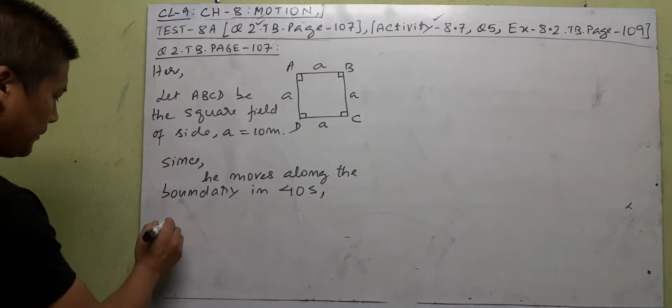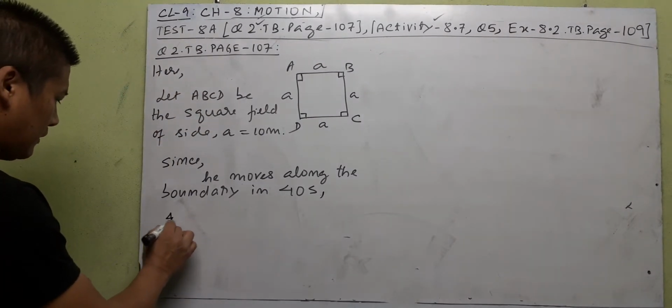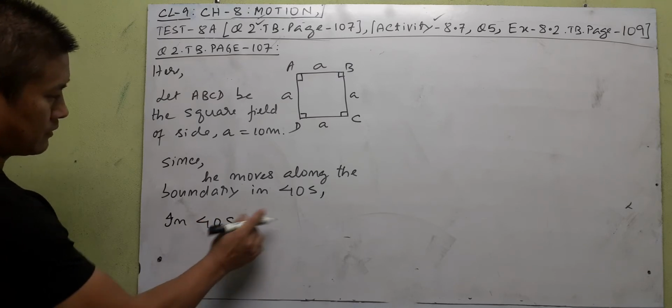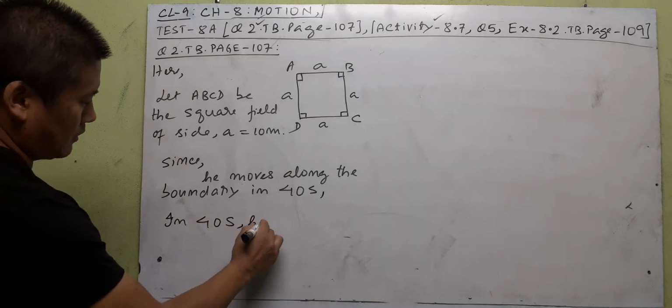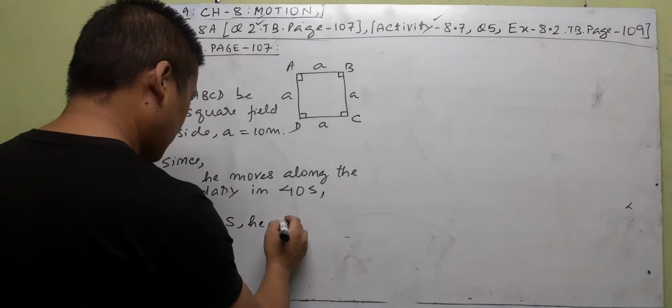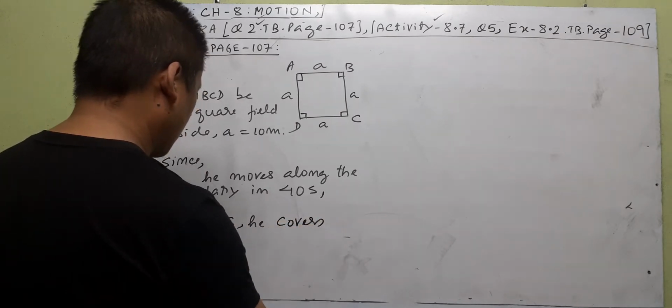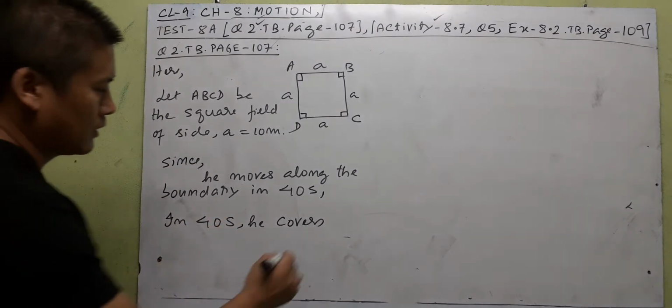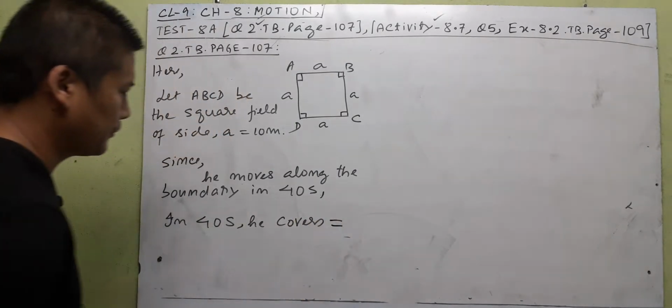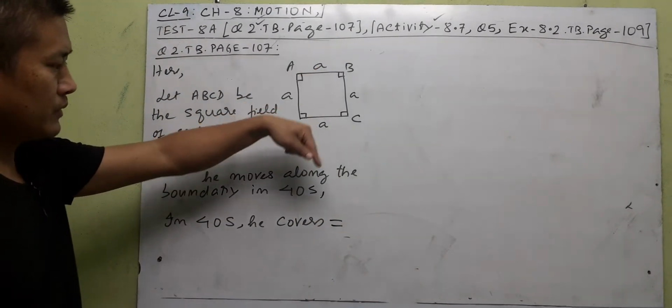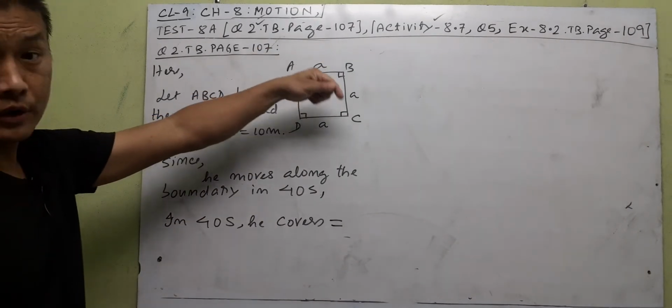This means in 40 seconds he covers how much distance? Equal to the boundary, means one time going around the field.